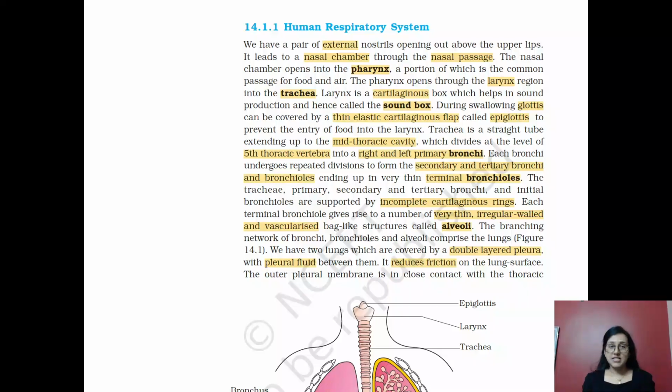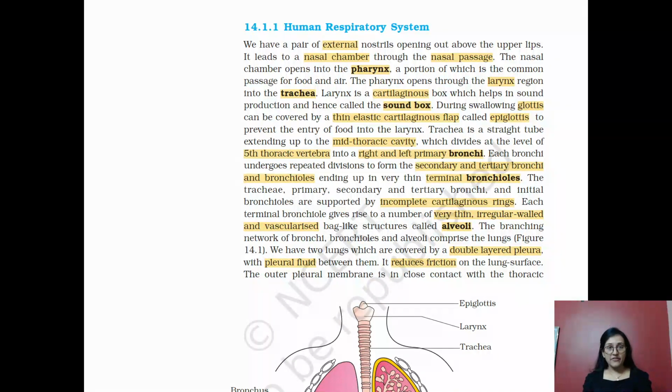So if accidentally the food goes to the larynx, it can cause severe problems to us. To protect this, there is a thin elastic cartilaginous flap which is known as the epiglottis. This prevents the entry of food into the larynx. I hope it's clear up to larynx.